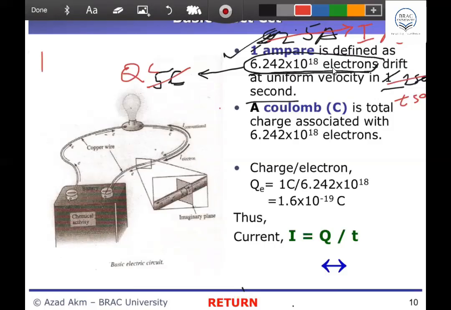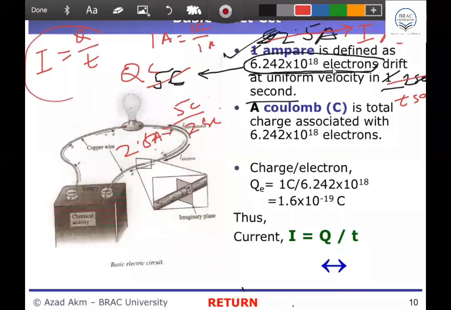Then what will be I? I will be Q by t, because last time we saw 1 ampere is 1 coulomb per 1 second, and then I showed you 5 coulomb per 2 seconds gives you 2.5 ampere. So in general, Q coulomb charge per t second gives you I ampere, and that is the definition of current.